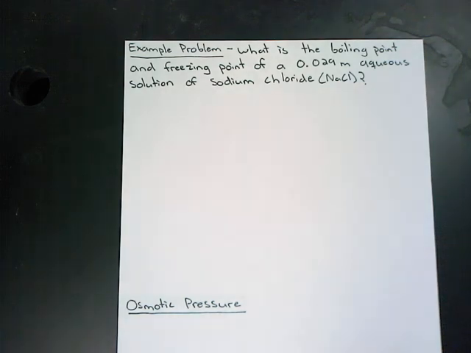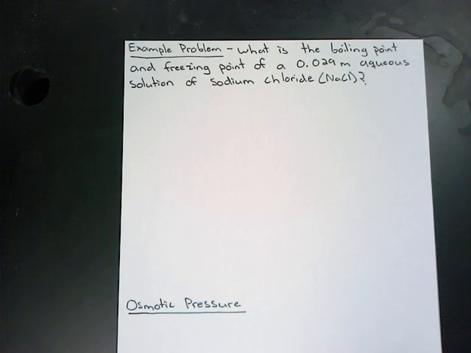All right, hopefully you had time to read through that problem, but what we want to know is what is the boiling point and the freezing point of a 0.029 molal aqueous solution of sodium chloride.